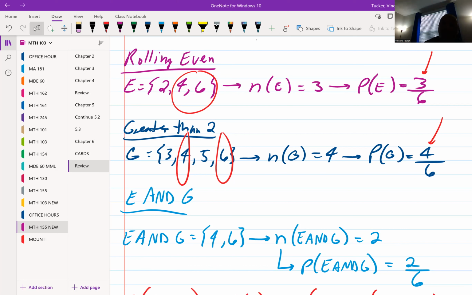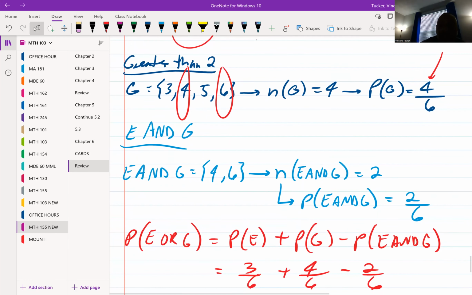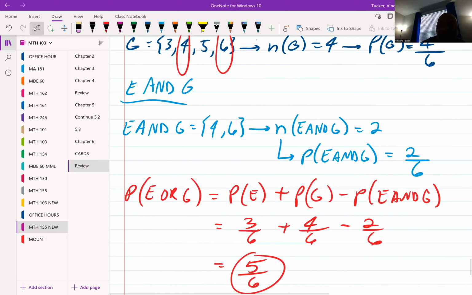All right. Any problems before we finish it off? So now that we have the three pieces, we'll do the probability of even plus the probability of greater than 2 minus the probability of even and greater than 2.